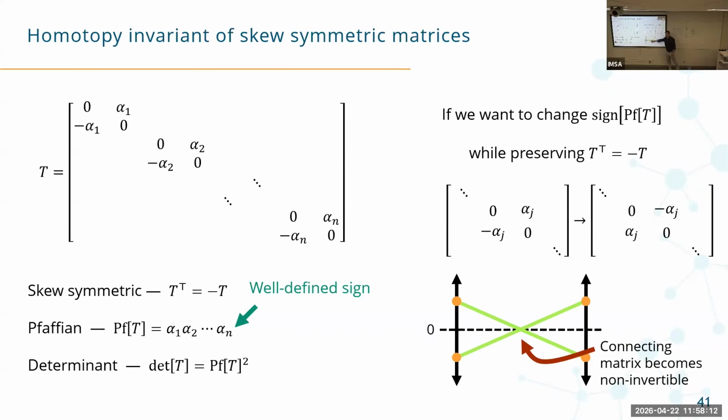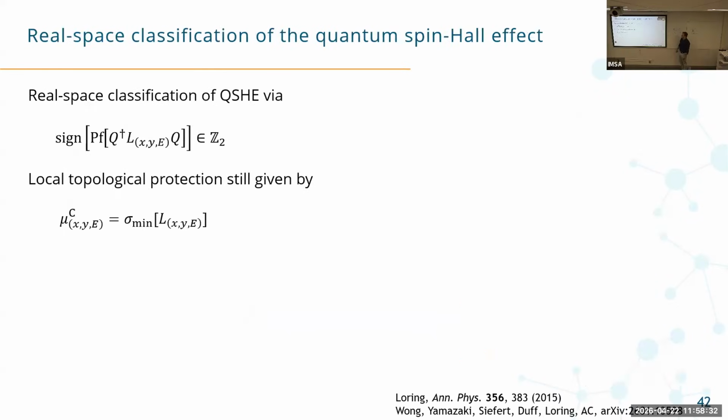So this gap closing here is where my matrix homotopy argument would say I'm not invertible. I'm preserving hermiticity, invertibility, and skew symmetry with this filter. And so this is now a question of, can I take these localizers in the correct basis and mutate them into each other without crossing?